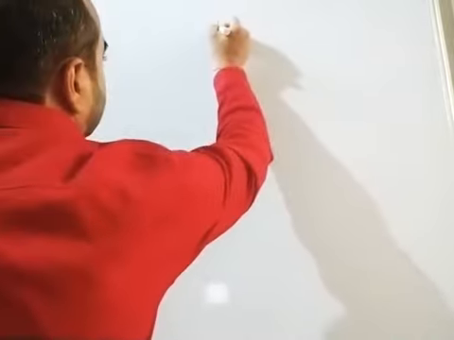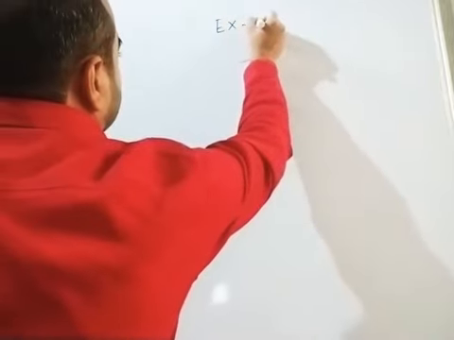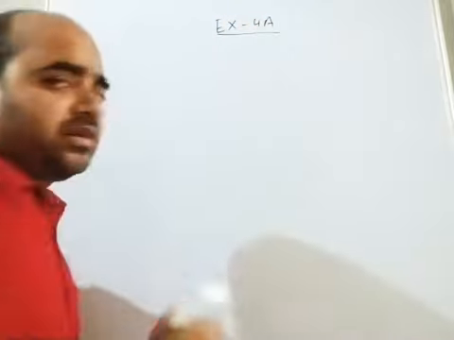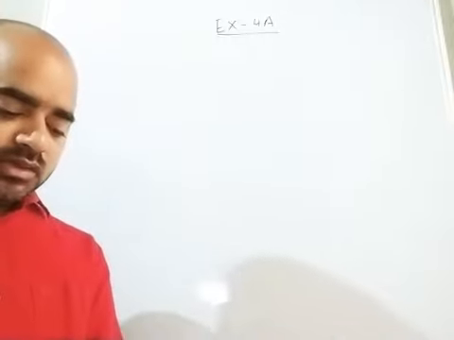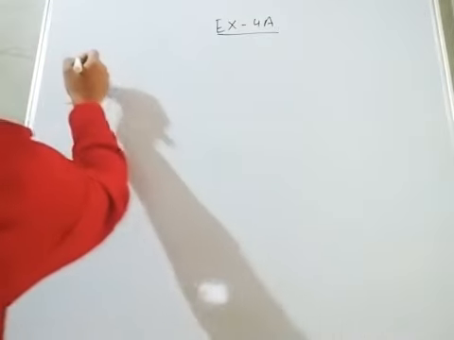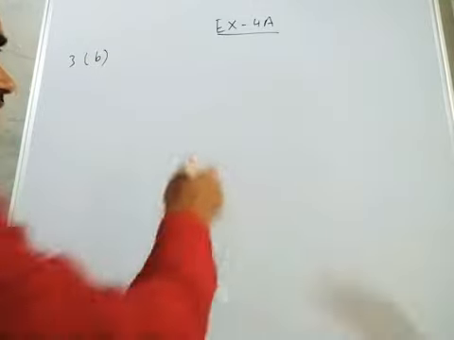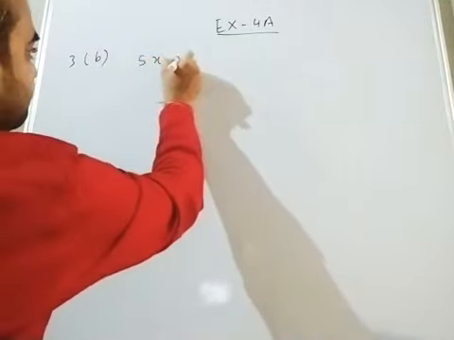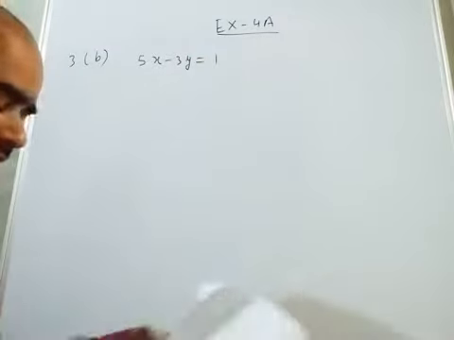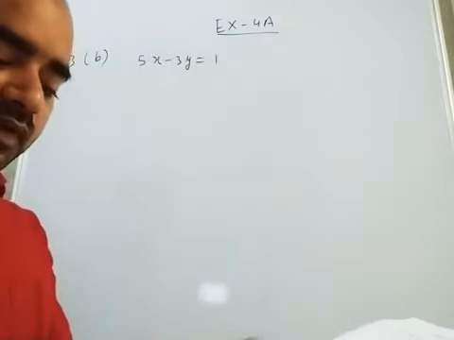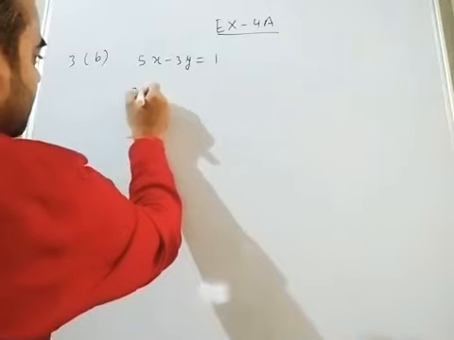Suppose I am taking one question, question number 3b part. First equation is 5x minus 3y is equal to 1. Second one is 2x plus 5y minus 19 is equal to 0.